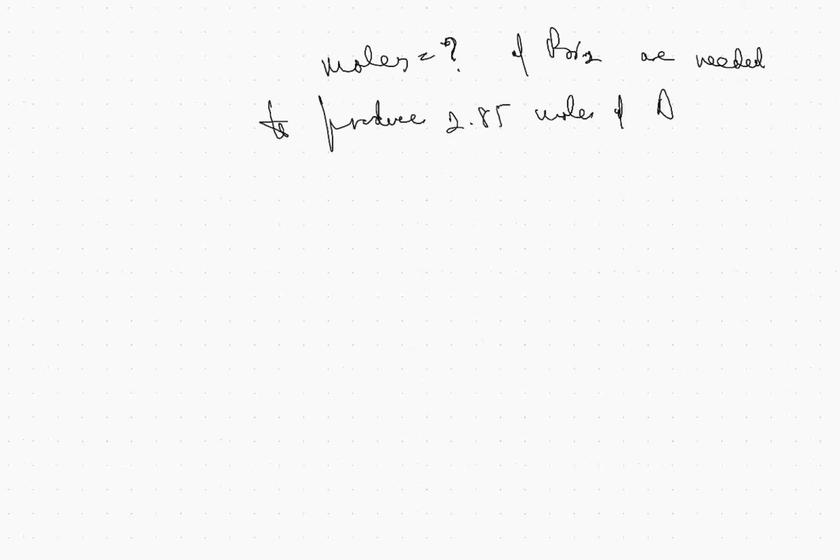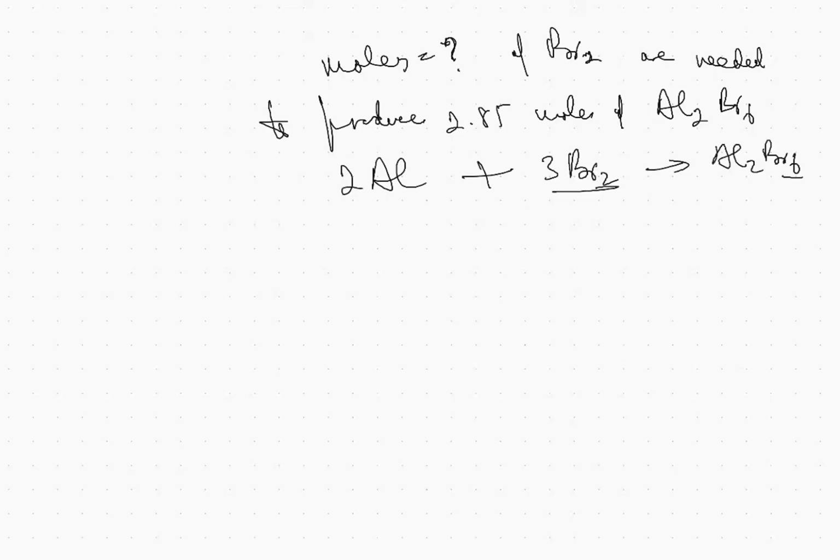Now they've given the balanced equation. Maybe we have to check whether it's balanced before we use it. Al2Br6, so it's the 6 here, Al2 there. It's balanced. The molar masses are given as 26.98, 159.8, and 533.4. How many moles of bromine are needed to produce 2.85 moles? That's what's being asked. So we don't need the molar masses.